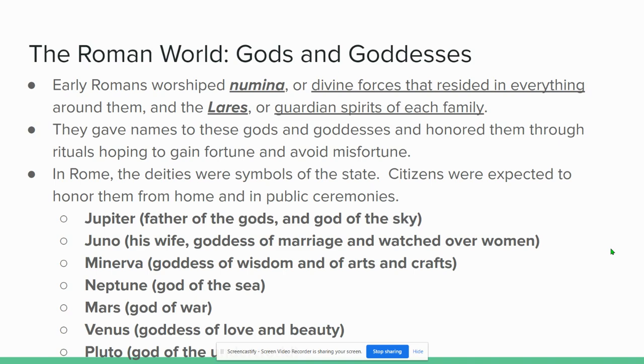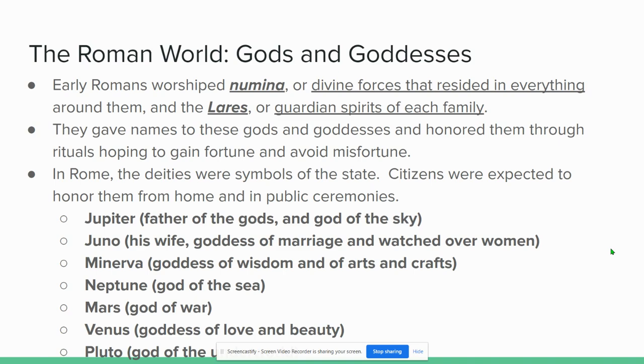Now, they gave names to these gods and goddesses and honored them through rituals, hoping to gain fortune and also avoid misfortune. So in Rome, the deities were symbols of the state, and citizens were actually expected to honor them from home and in public ceremonies. And we'll talk about this a little bit more when we get into Christianity and we start to see the persecution of Christians.